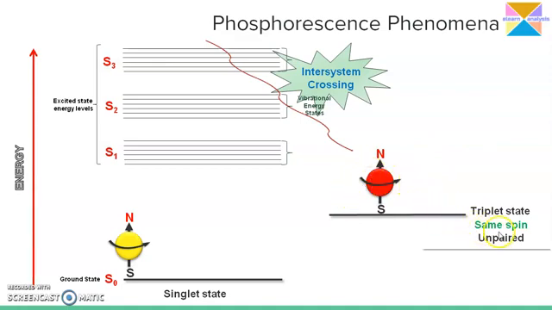The arriving state, which we call the triplet state, has the same spin as the singlet state electron. So there is a change in the spin state while the electron travels from the excited singlet state and enters the metastable triplet state.